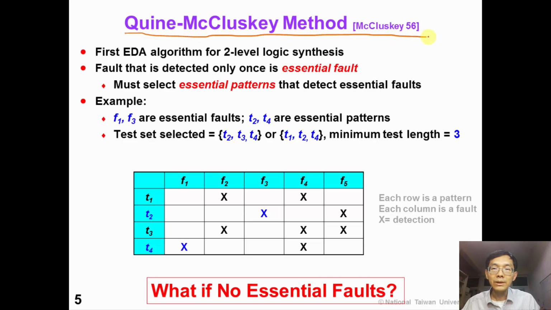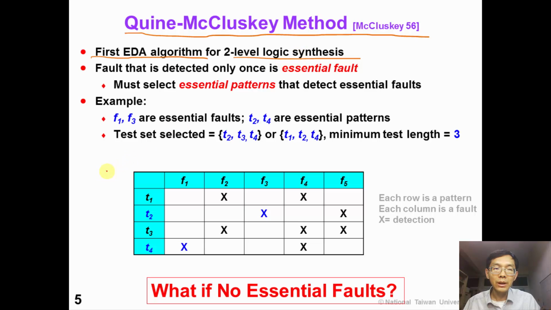In 1956, when Professor McCluskey was still a PhD student, he proposed the first EDA algorithm, the Quine-McCluskey algorithm, for two-level logic synthesis. In McCluskey's algorithm, he proposed some rules to solve the minimum set covering problem.